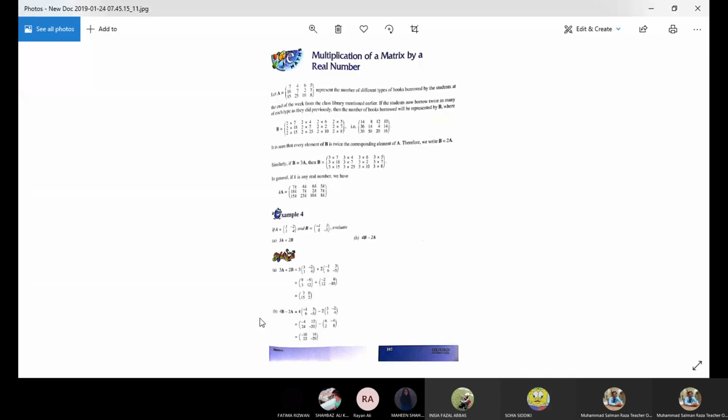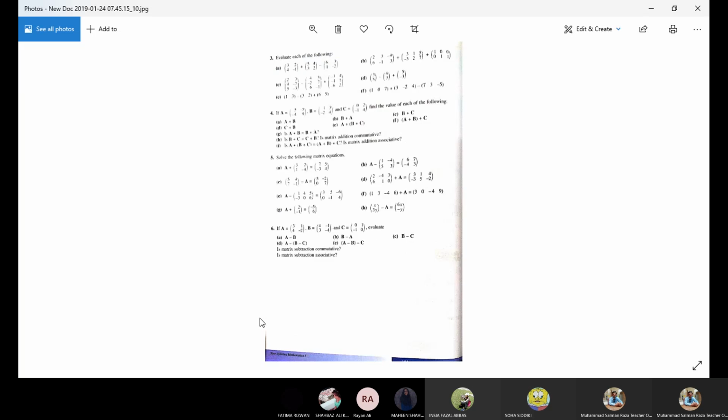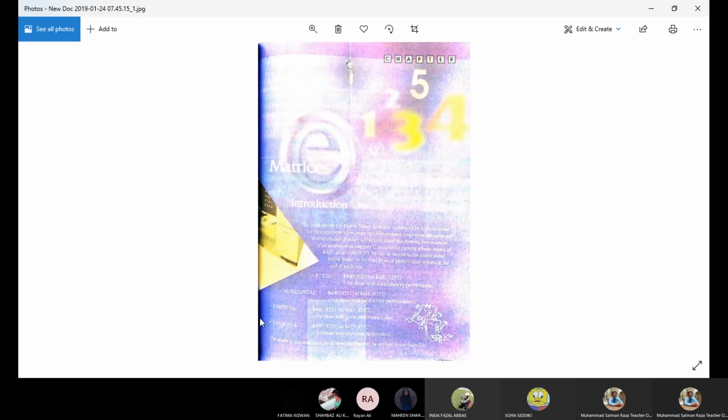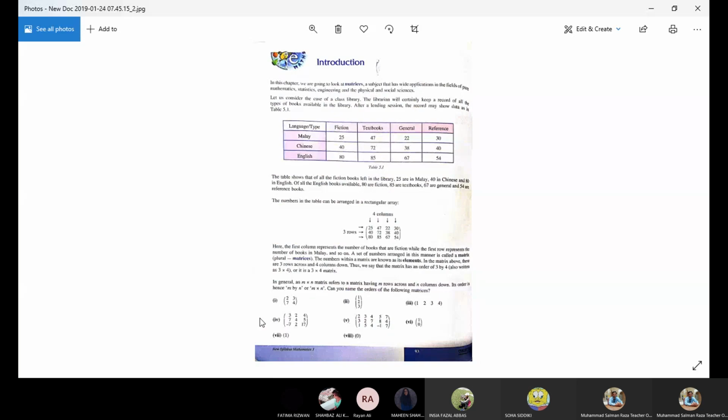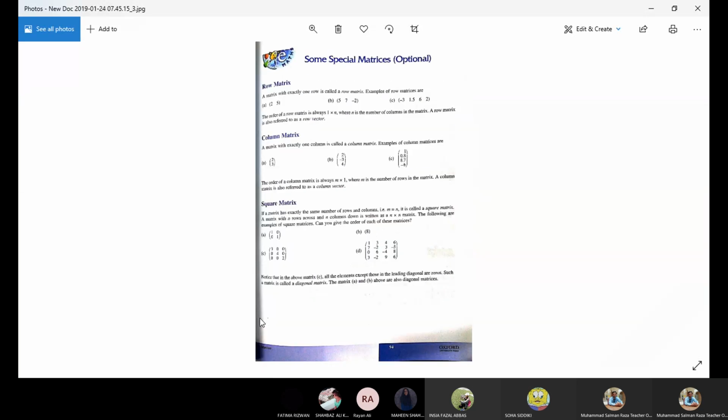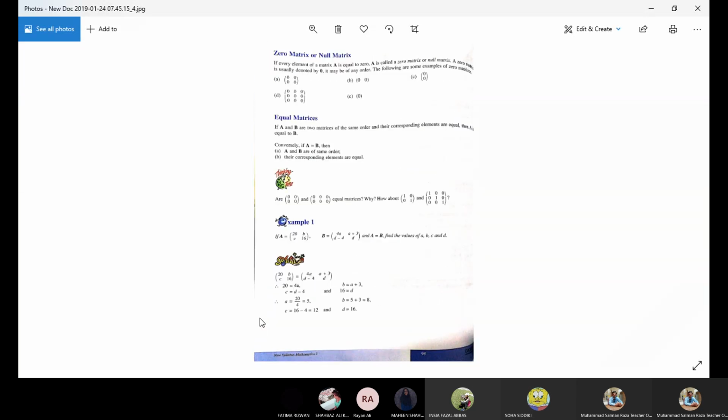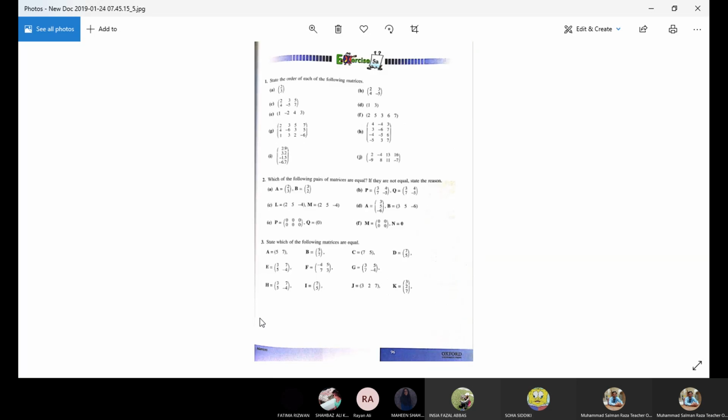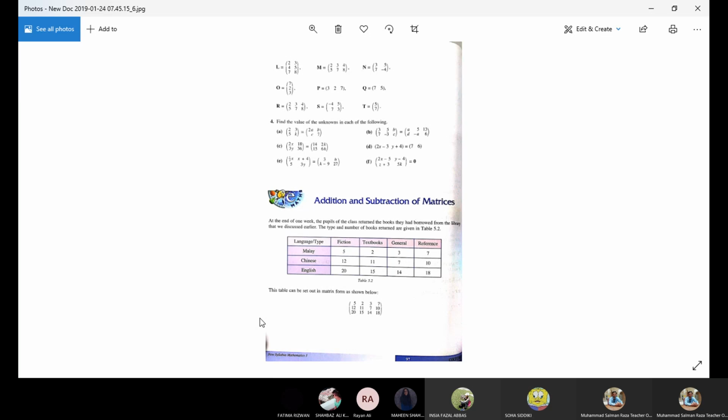Yes. So now you can see the exercise in front of you. So this is the multiplication of the matrix by a real number. This is what I taught you, and it starts from here. Matrices. This is the introduction, and row, column, square matrix, and zero and equal matrix. Every information is there, and you can see that this is the exercise. Addition and subtraction is going on as well.